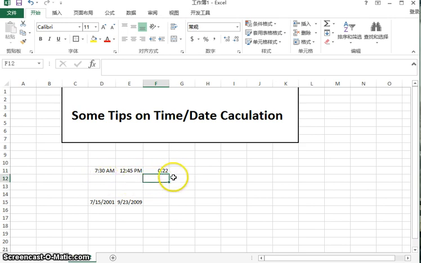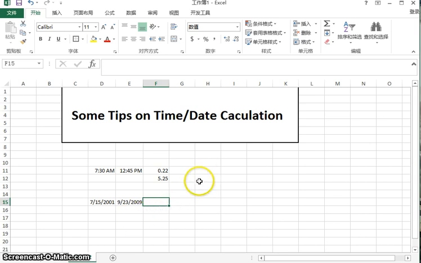So if we want to calculate how many hours, we need to multiply by 24, because that's how many hours are in a day, and this number comes out, which makes sense. We worked 5.25 hours, so this number is correct. That is a common error during time calculation.